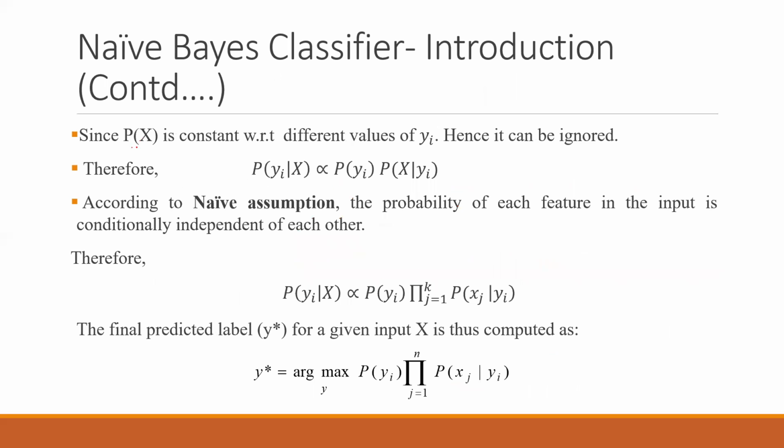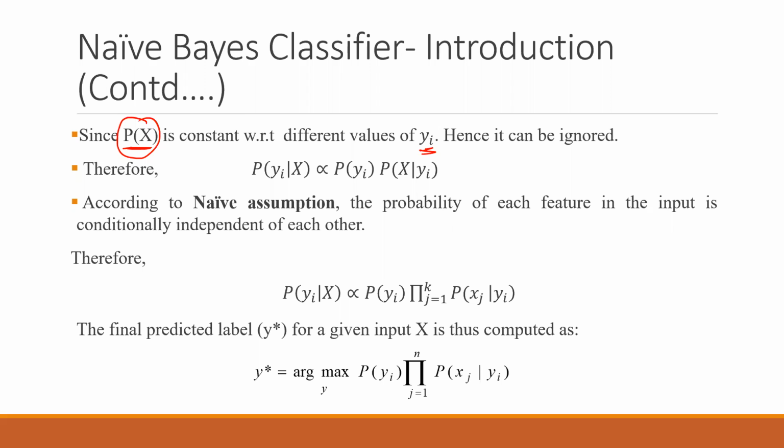Since P of x is a constant with respect to different values of yi, it can be ignored. That's what I was saying: my probability of x is constant with respect to yi. Obviously, when we do this calculation, yi is the class and x are all the variables in the input.